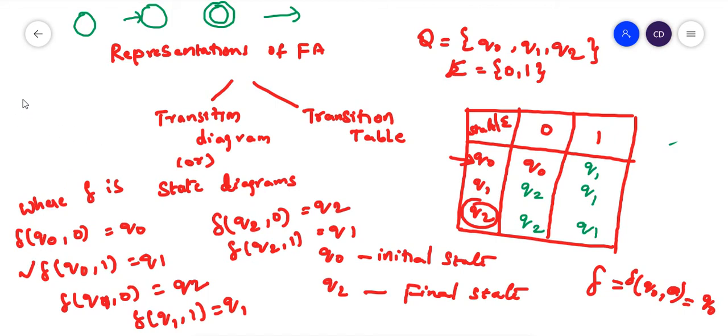First of all, you can draw all your nodes. Here I have 3 nodes in my finite state machine: Q0, Q1, and Q2.